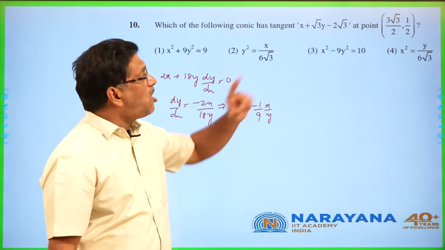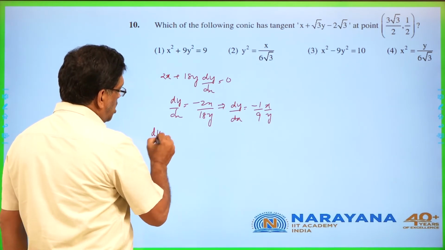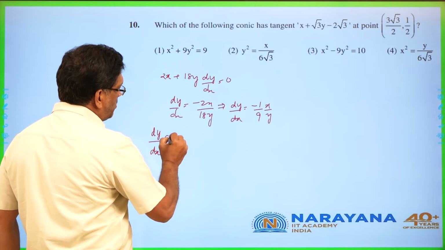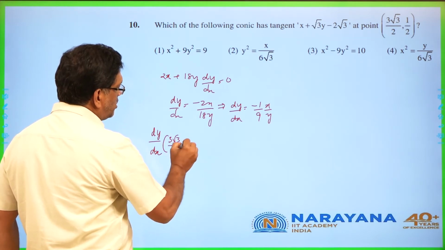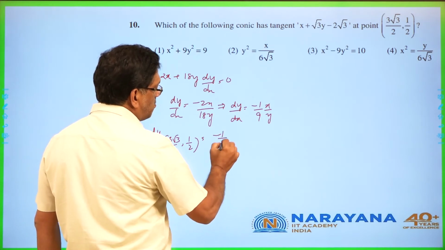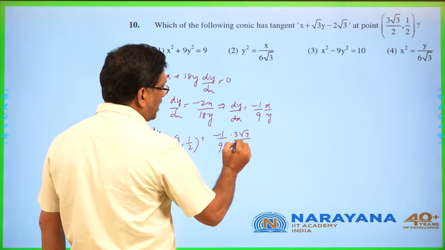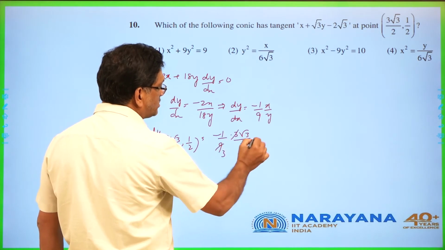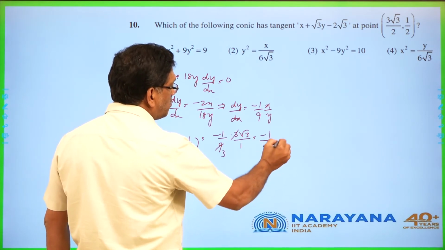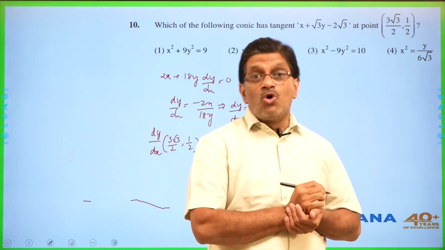Since he has given a point, at that point we have to find out. So I want dy by dx at 3 root 3 by 2 comma 1 by 2. It is minus 1 by 9 into 3 root 3 by 1. This we can cancel 3. It is minus 1 by root 3. That is the slope of the tangent.